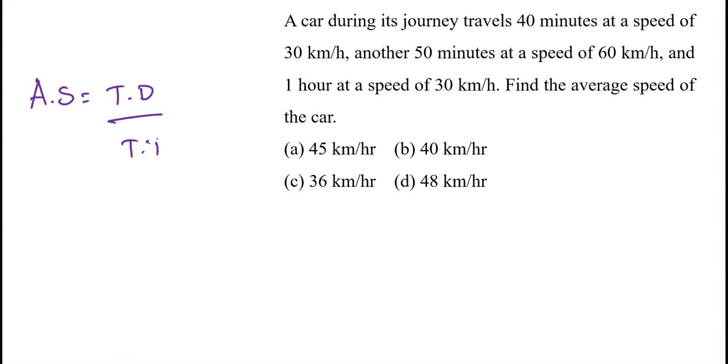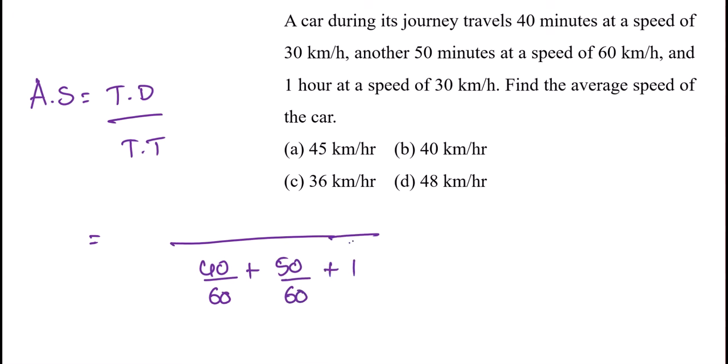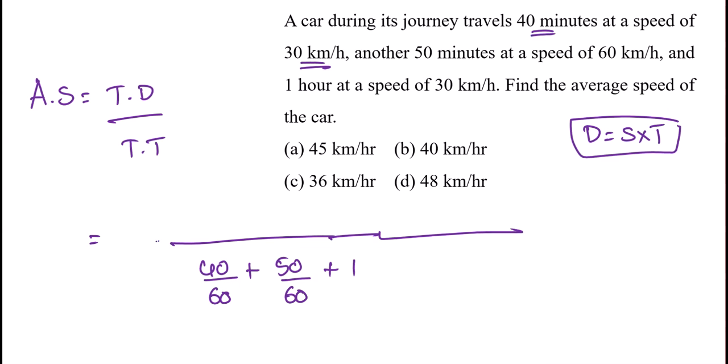Total timing is available. First 40 minutes, divide by 60 to convert into hours. Next 50 minutes, divide by 60 to convert into hours. Then 1 hour. Distance is speed into time. Now here 30 kilometer per hour, 40 minutes means the distance traveled is 30 into 40 by 60.